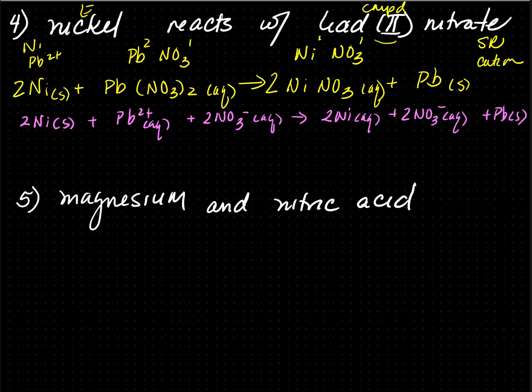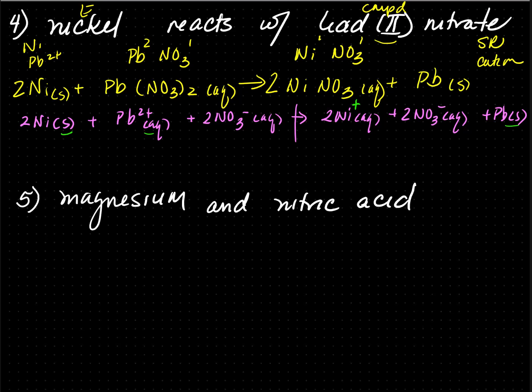Now we're going to simplify. Anything that is the same on both sides, we're going to cancel out. We cannot cancel out the nickel because on the left side it is a solid and it's neutral. On the right side it's a positive ion, aqueous. We cannot cancel out the lead either because on the left side it's an ion and on the right side it's a solid, neutral.